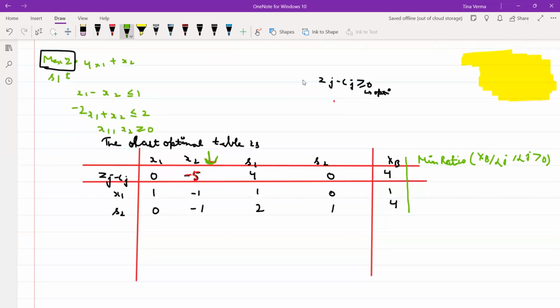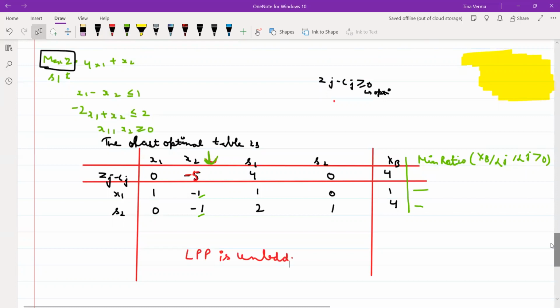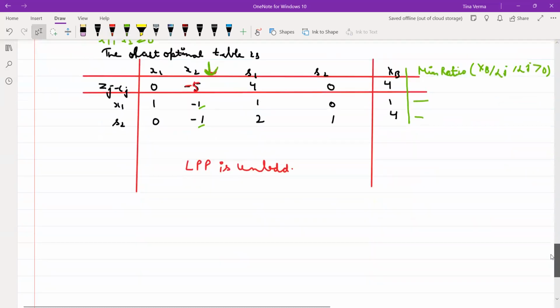So here you cannot divide 1 by minus 1 because minus 1 is less than 0. So here you have an entering variable, but you do not have a leaving variable. So in this case, your LPP is unbounded, right?